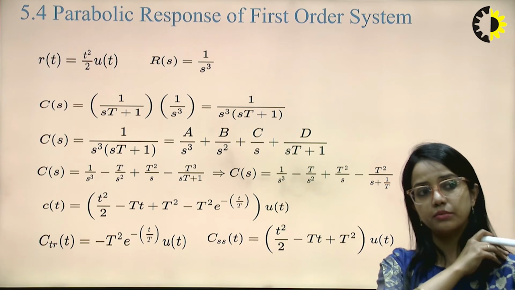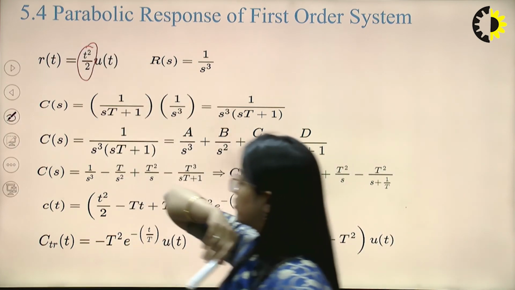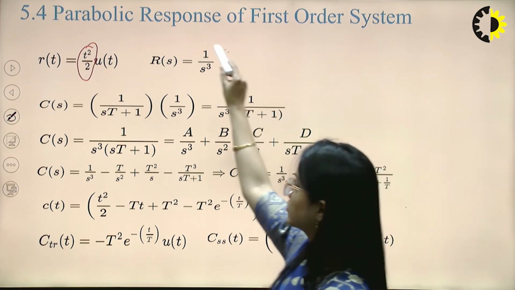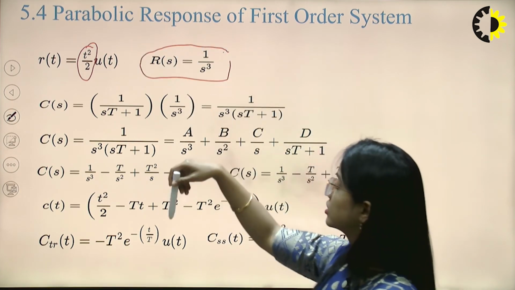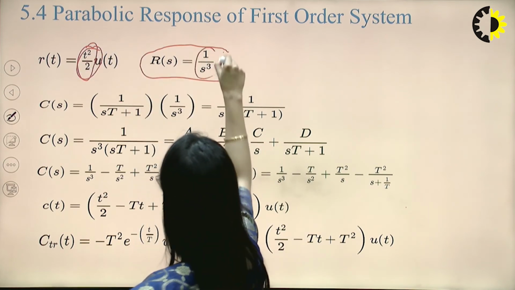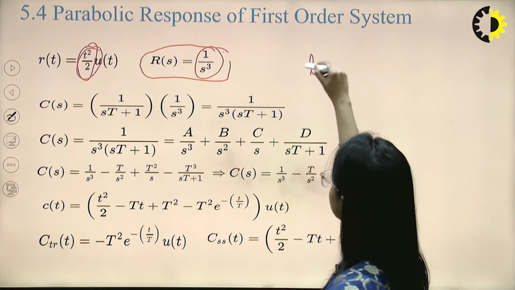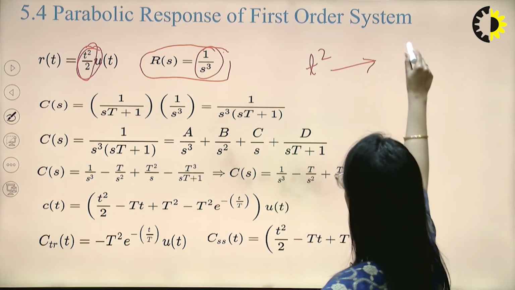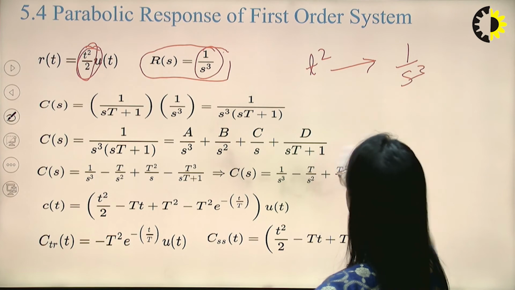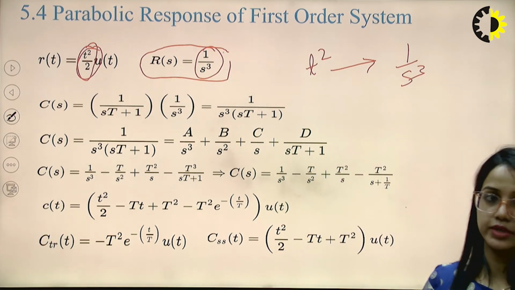Parabolic input means r(t) equals t square by 2. When we talk about t square by 2, R(s) becomes 1 by s cube. This conversion from t square by 2 to 1 by s cube is very easy. If we considered t square, we would not get 1 by s cube, so to make this conversion easier, we took t square by 2.